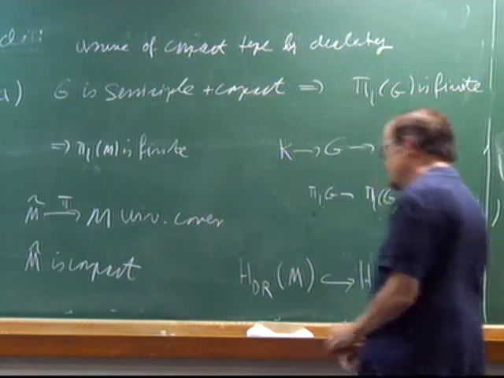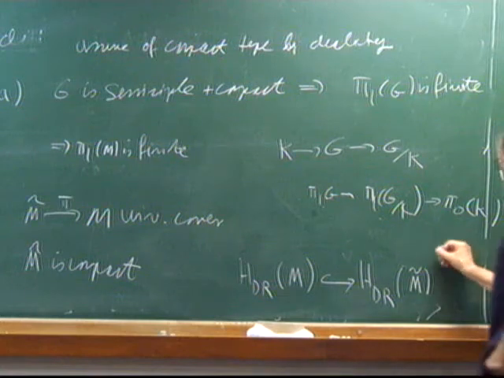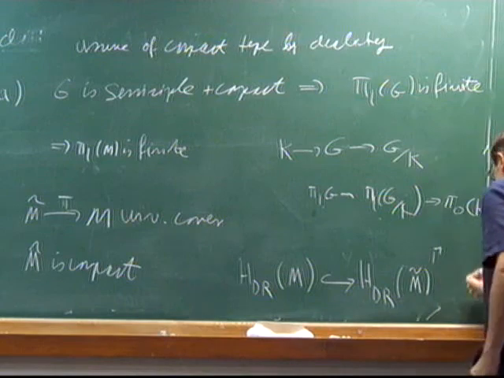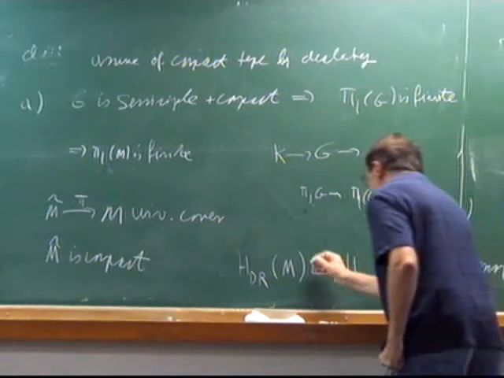The map is injective. But the exact relationship, do you know what that is? You want to take a form on M, pull it back to M tilde. That's a form there also. It gives you a possible de Rham cohomology class. It must be invariant under the deck group because you pulled it back from something. So in fact, it's simply the forms invariant under the deck group. Then I get equality.